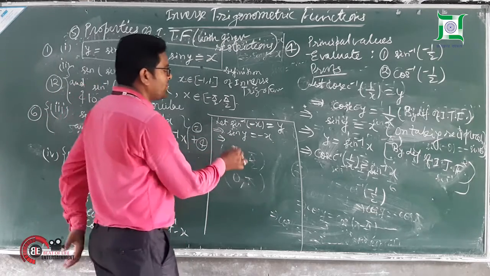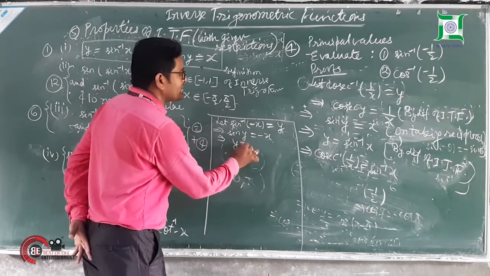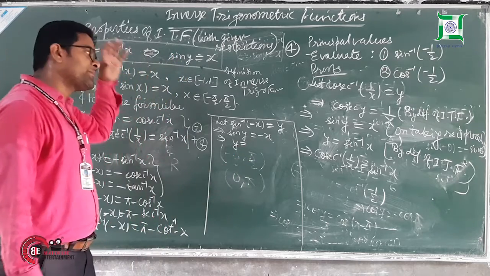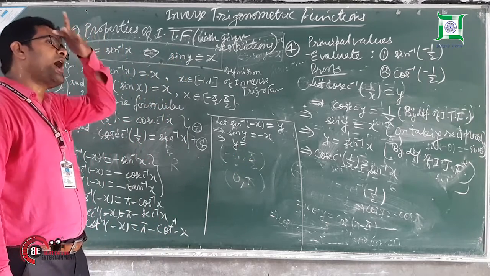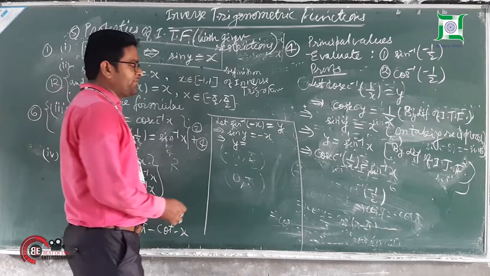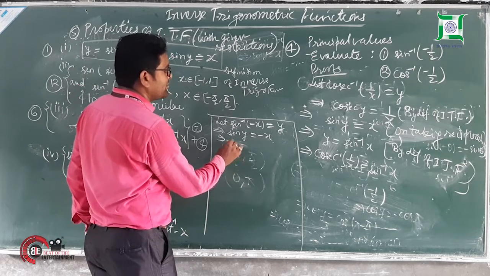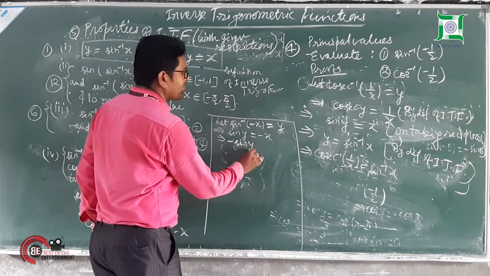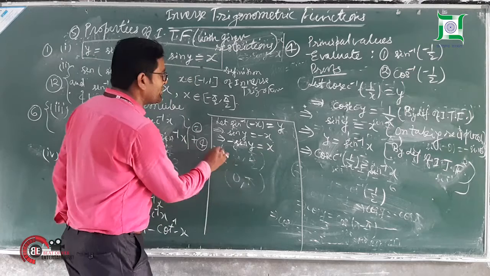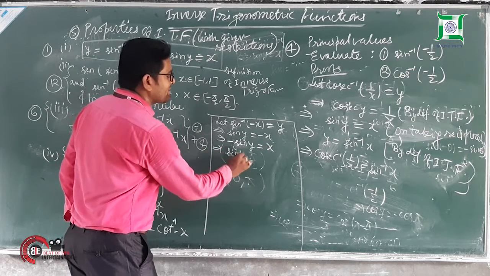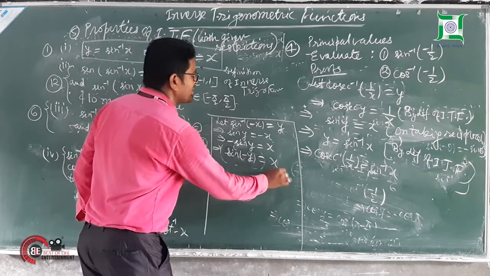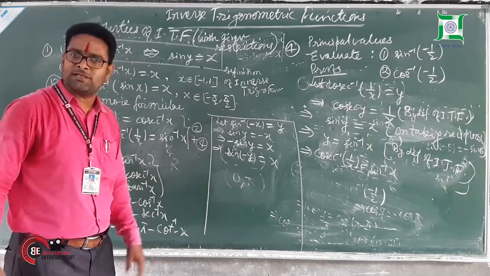In sin y, the angle is negative. We can write it as minus sin y is equal to x. Now can I write it as sin minus y is equal to x? Because sin minus theta is minus sin theta.